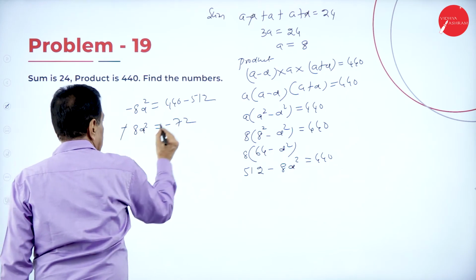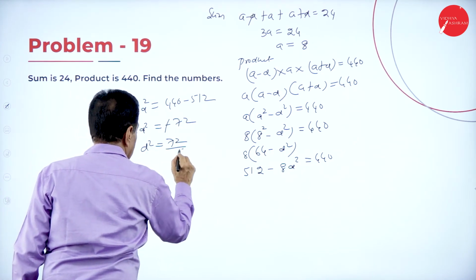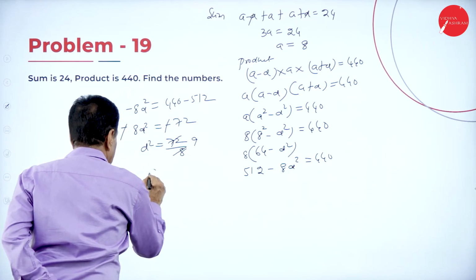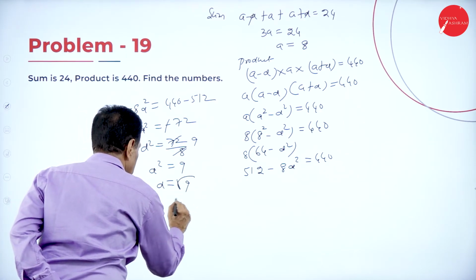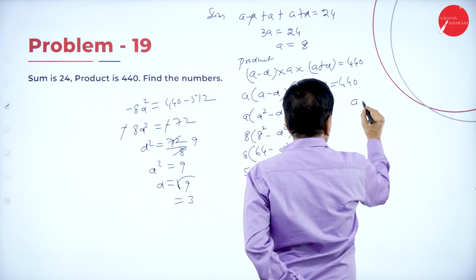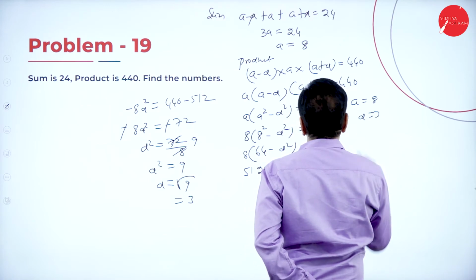So minus minus cancelled out. D square is equal to 72 divided by 8, which is 9. D is equal to root of 9, which is 3. Therefore, A is equal to 8, D is equal to 3.